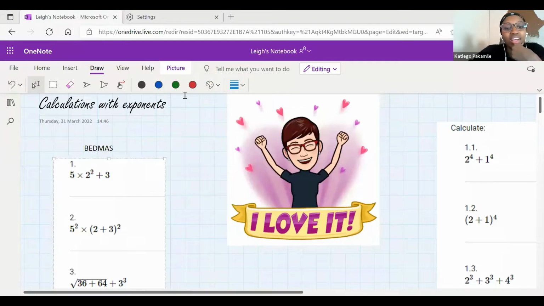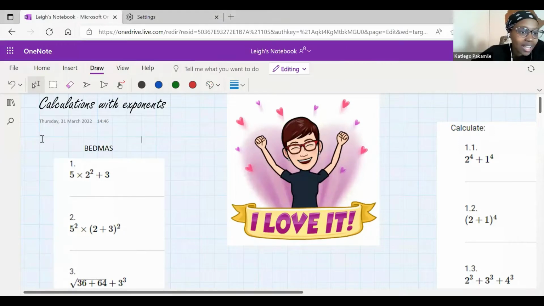Okay, Asemahle, you can tell what the E stands for? Exponents. Okay. So B is brackets, E is exponents, D is division, M is multiplication, A is addition, and S is subtraction.